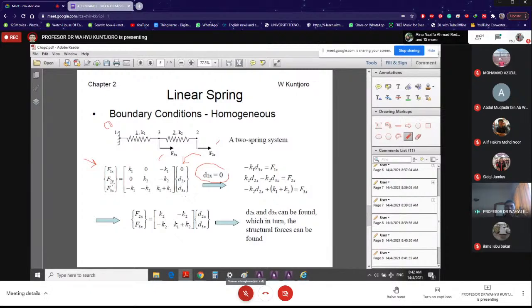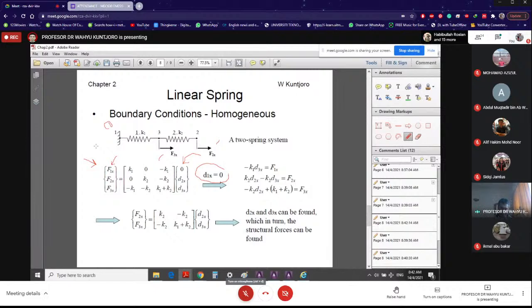Now I ask you, do I know F1x? Please answer. This capital F1x, do I know that? I think it's not 0. That's the correct answer. So F1x is not 0.